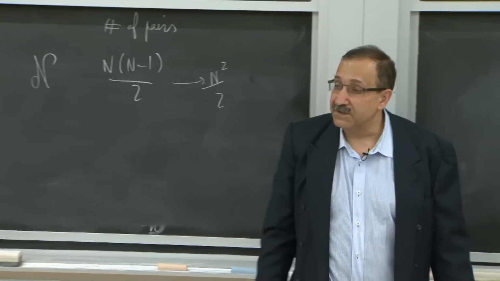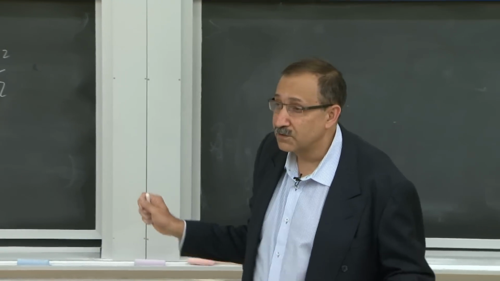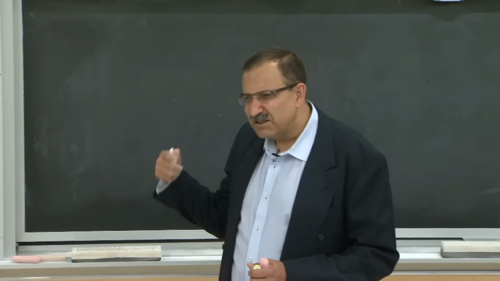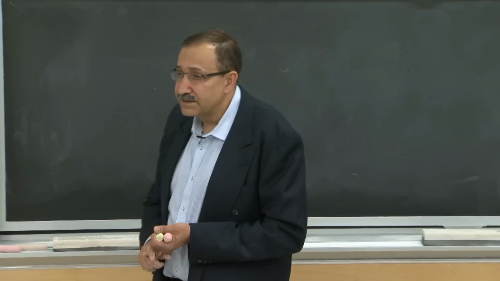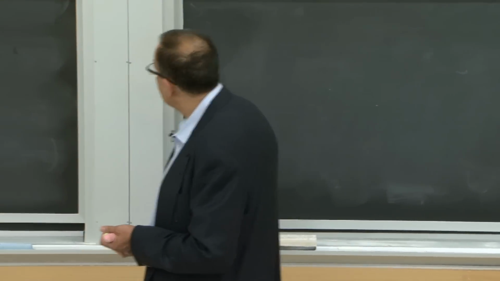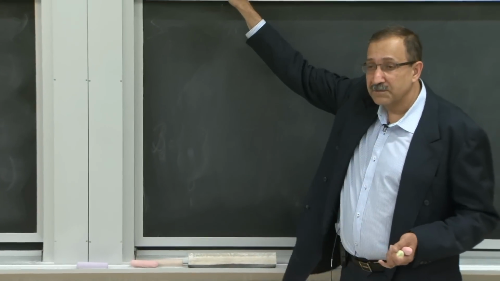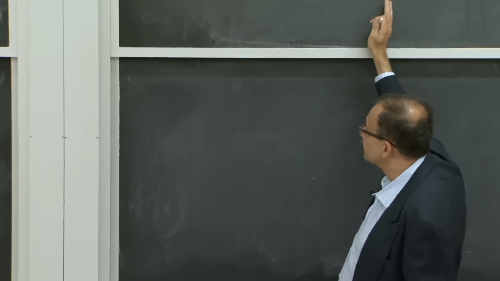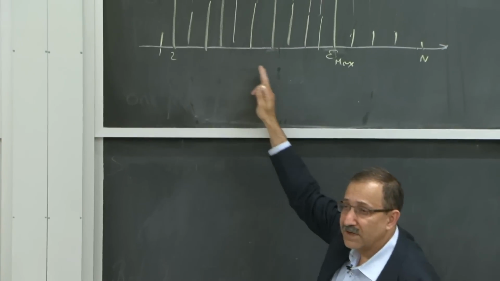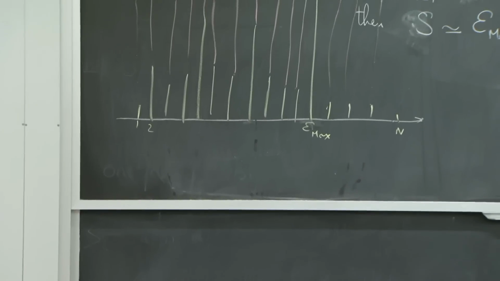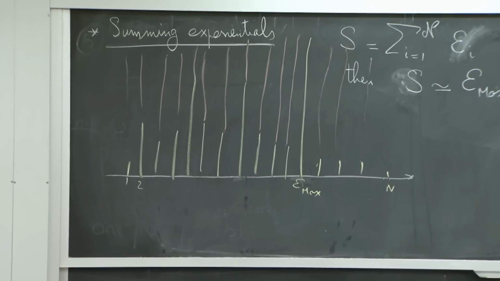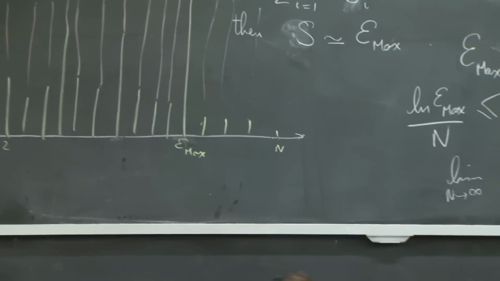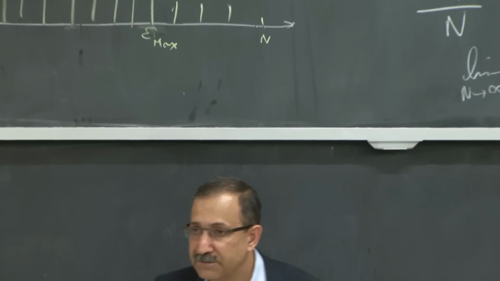Can I come up with a physical situation where I'm summing over that number of terms? Not obviously, but it could be something like that. The situations in statistical physics that we come up with are typically, let's say, in going from the microcanonical to the canonical ensemble, you would be summing over energy levels. And typically, in a system that is bounded, the number of energy levels is proportional to the number of particles.